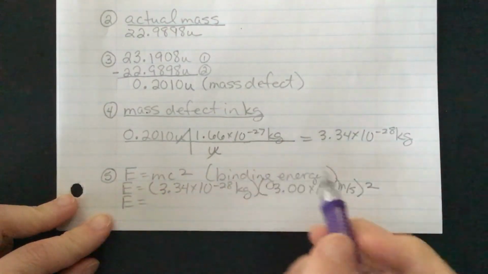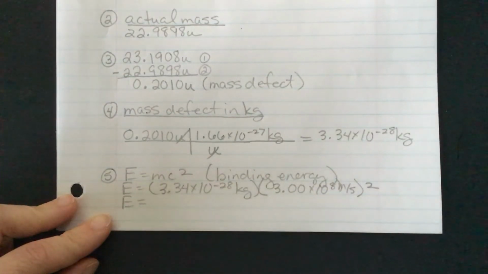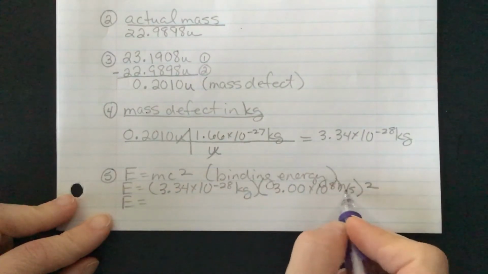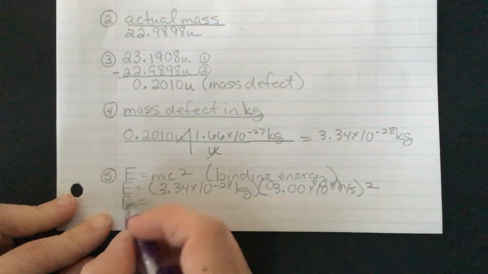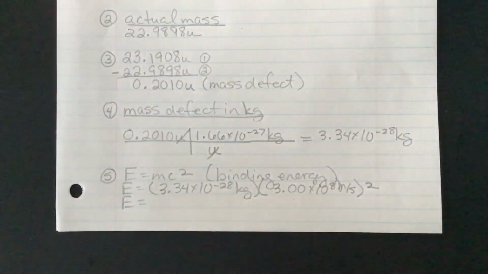So the binding energy, and I misspoke earlier, it's actually a joule is a kilogram meter squared per second squared. I misspoke when I said that earlier because we square this quantity. I forgot about that. So make sure you square this number.